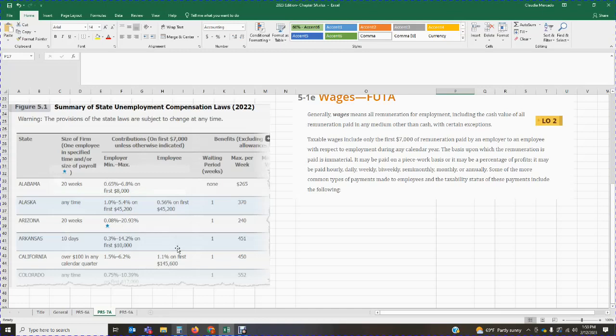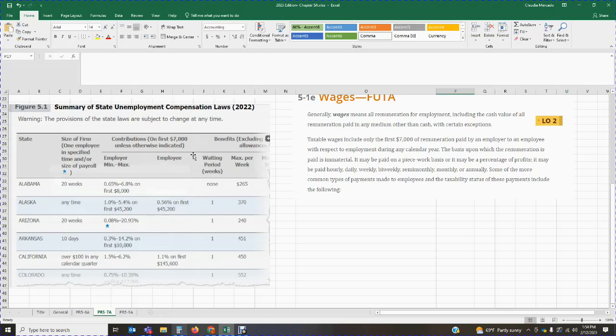Now, the federal unemployment tax is only assessed to the employer. The employer pays all of the FUTA tax expense. For SUTA, the employer also pays, but there are some states where the employee also has to pay a state unemployment tax. For example, in Alaska, the employee pays 0.56% on the first $45,200 of earnings.